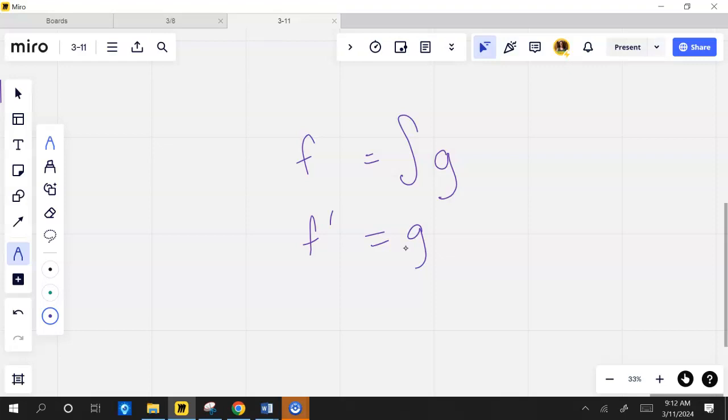Okay, this is the graph of f. If I want g, I have to do the derivative of this one.